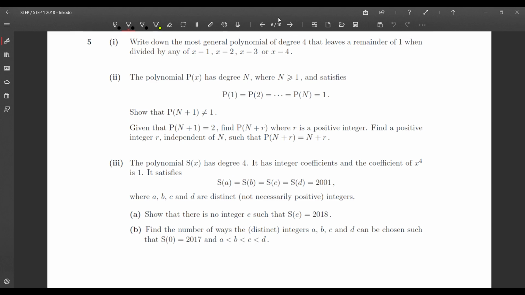Alright, write down the most general polynomial with remainder 1. Okay, well that's just 1, 8, 6, polynomial is degree n. Well, p of x has to be of this form above: a times (x minus 1) dot dot dot (x minus n), because this is nth degree.